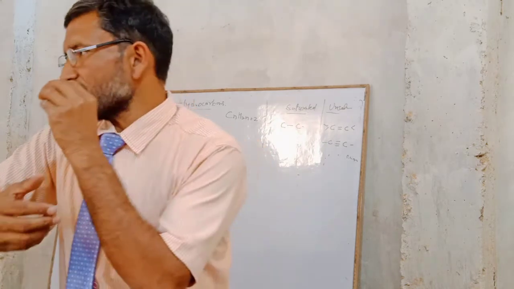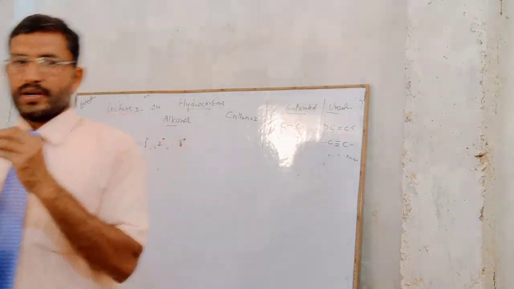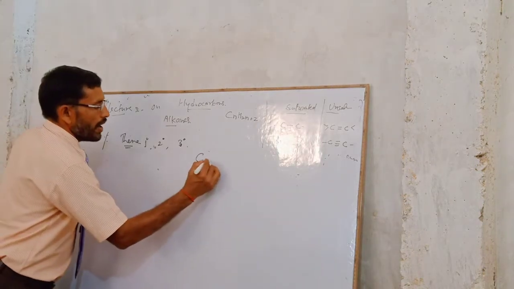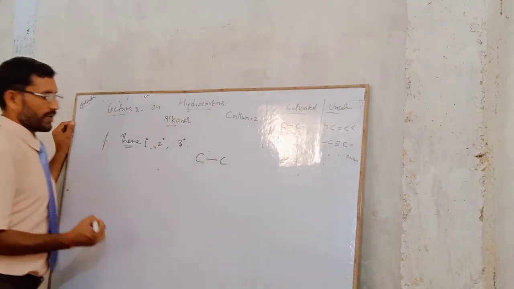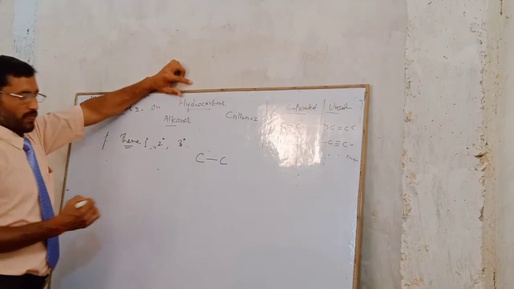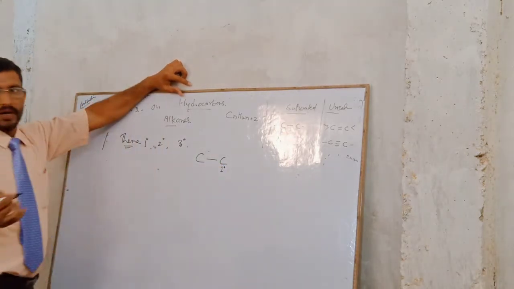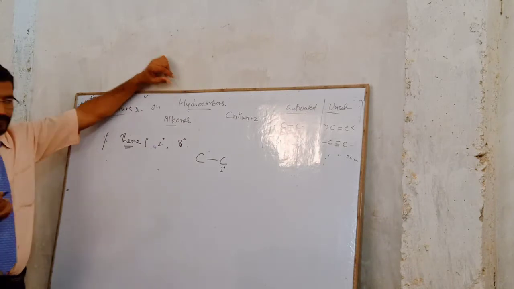When a single carbon atom is attached with a carbon, it is the primary. Suppose this one is the primary carbon or 1 degree carbon.